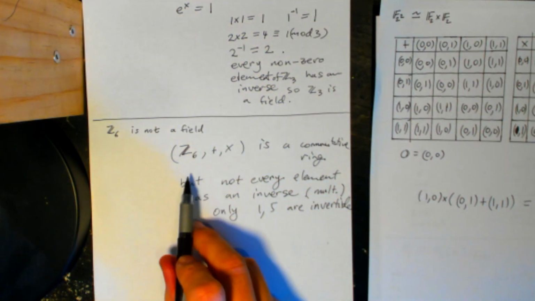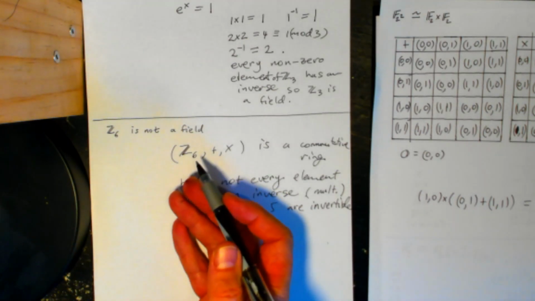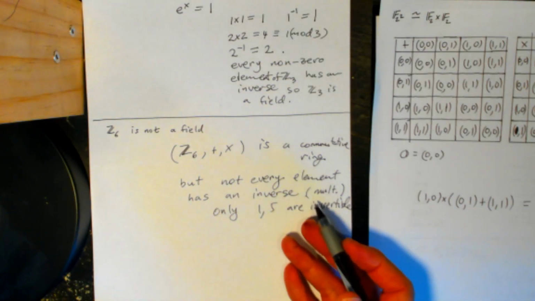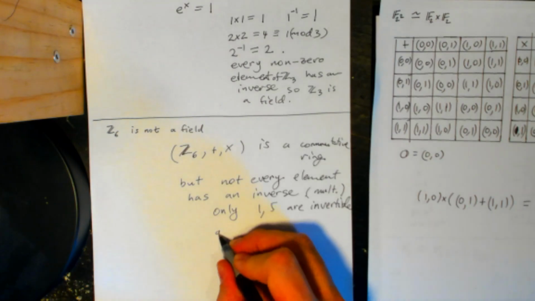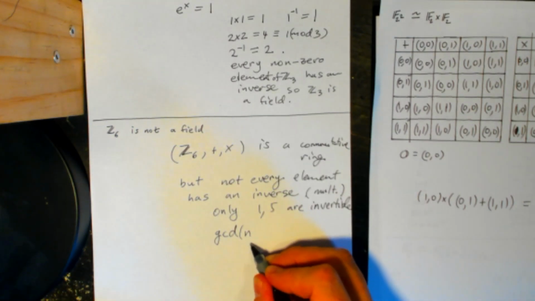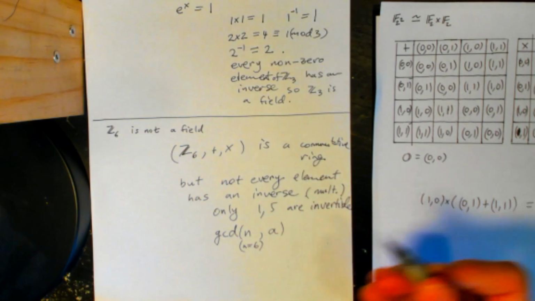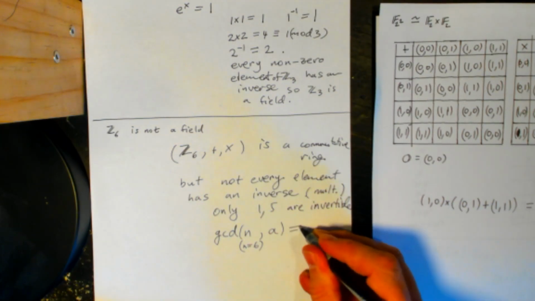Okay, and so in integers mod n, an element has an inverse multiplicatively whenever the GCD of n, here n is 6, with a, where a is just an element, is 1.